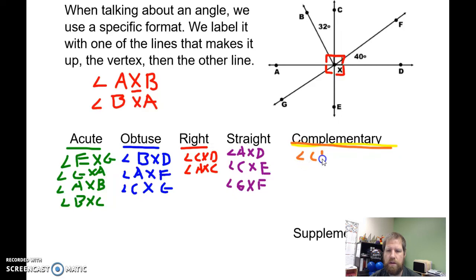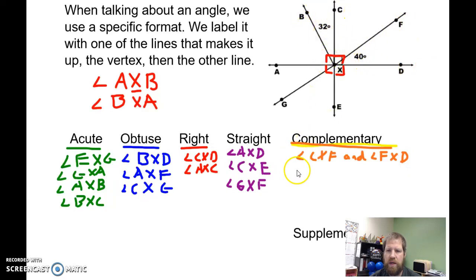So angle CXF and angle FXD are complementary. Okay.